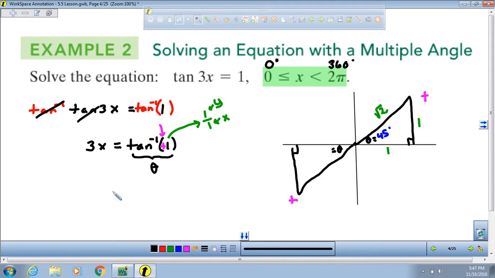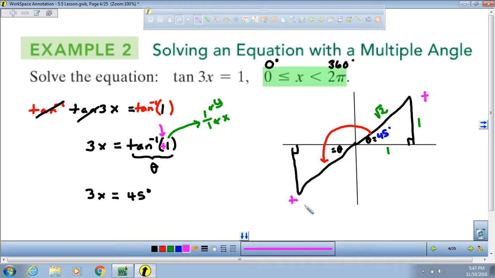And we already know, so the answer for this is going to be that 3x equals a 45-degree angle, right? But then, after how many degrees is it going to repeat again? A multiple of 180, right? If I add 180, it repeats the value, right? It's going to be again 1.